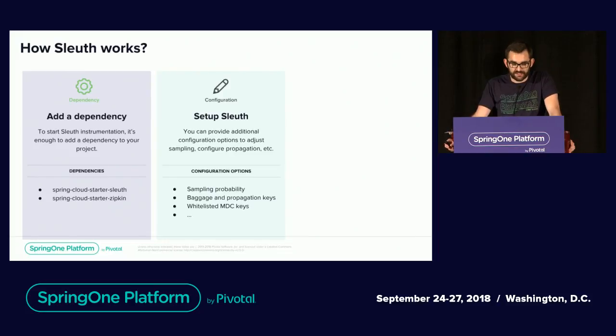You have to provide the baggage propagation keys starting from 2.0, meaning it has to be explicit. If you don't provide those whitelisted propagation or baggage keys, they will not be propagated. And the new feature quite recently added is you can whitelist certain pieces of baggage that should automatically be put in MDC in the logging context.